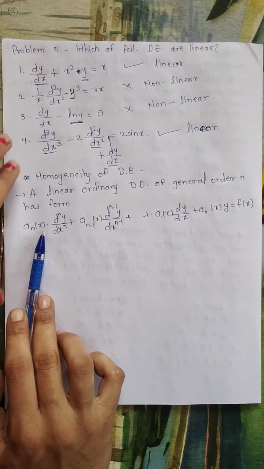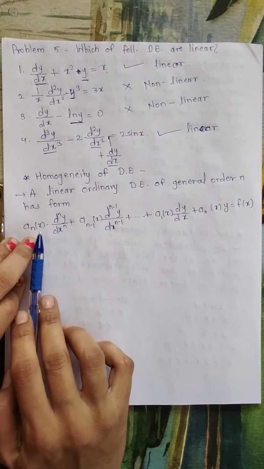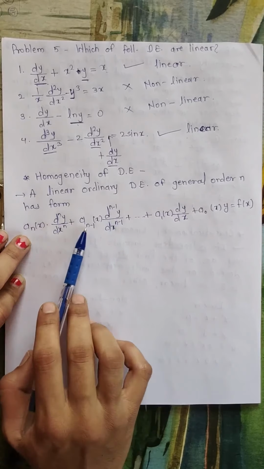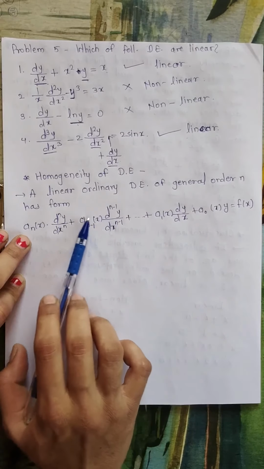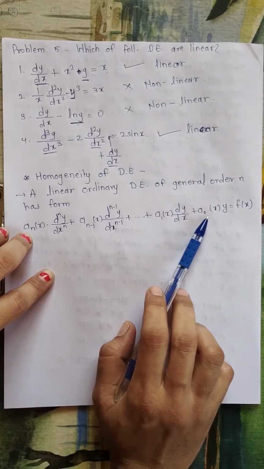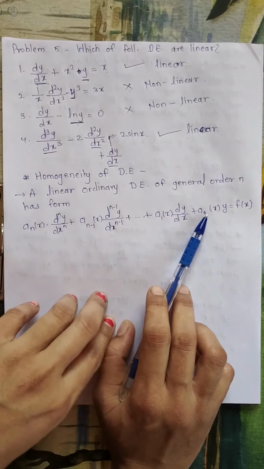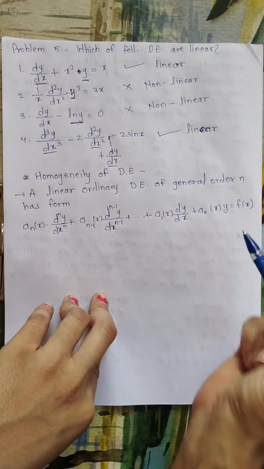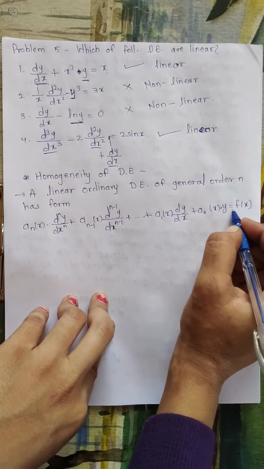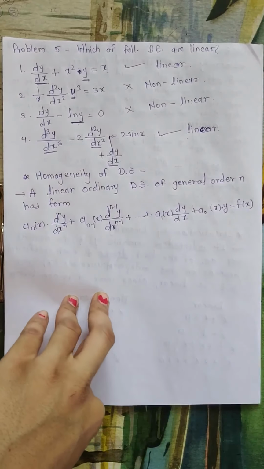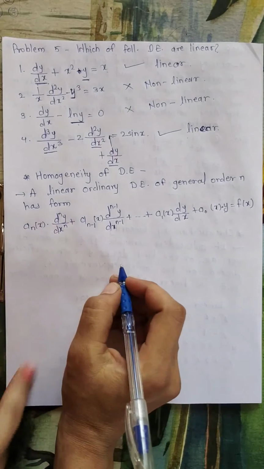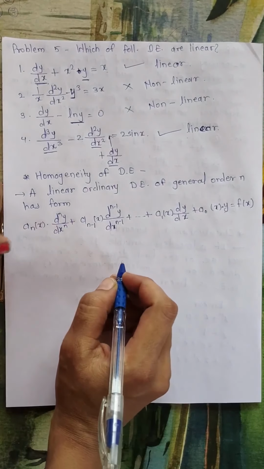Then we decrease the order of the derivative and of the coefficient until we get order 0, and the last term will be a₀(x) times the dependent variable y, equal to f(x). So this is the general form of an nth order ordinary differential equation.